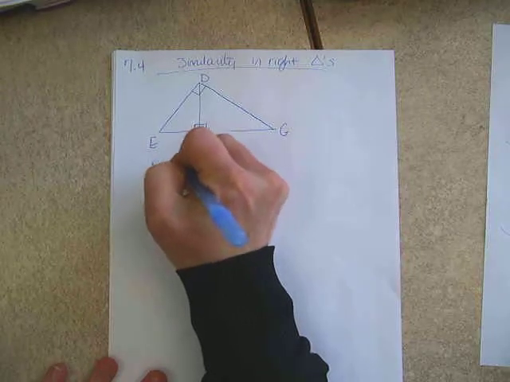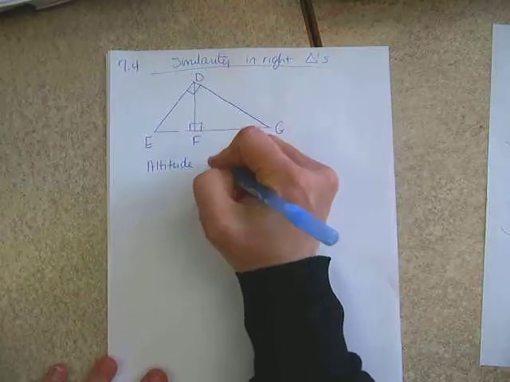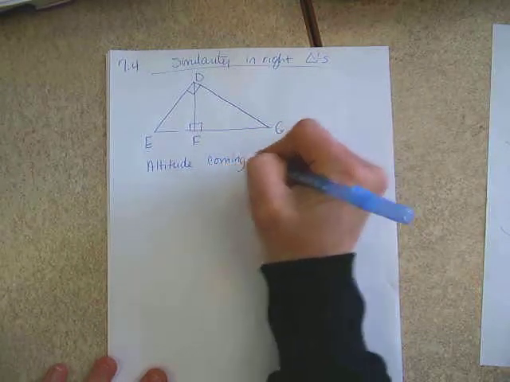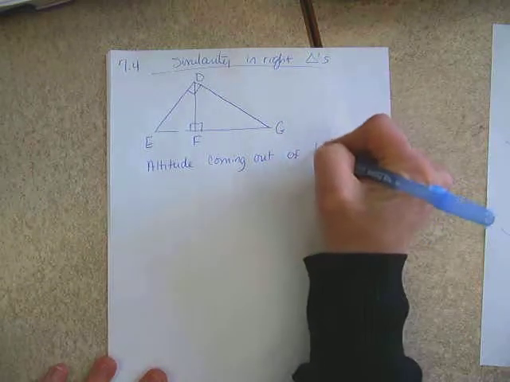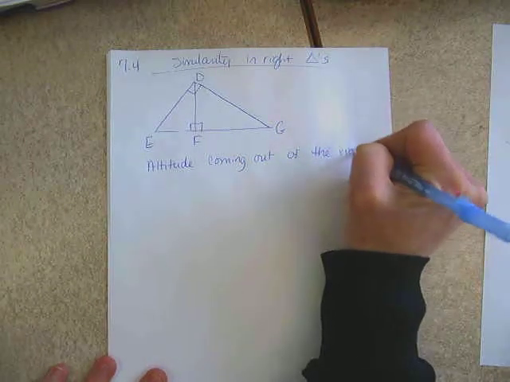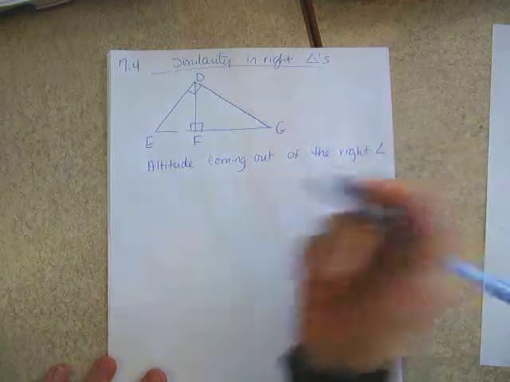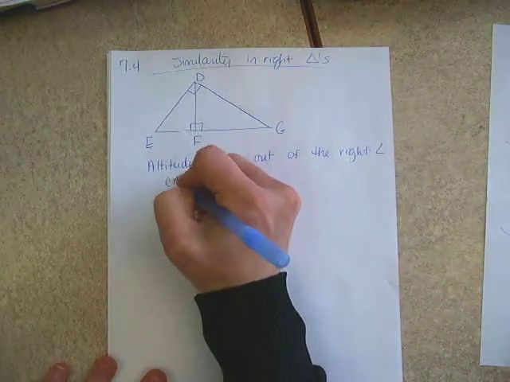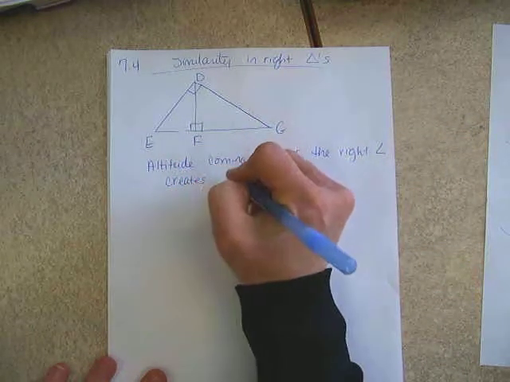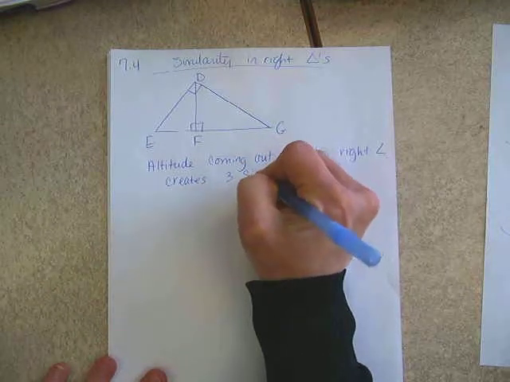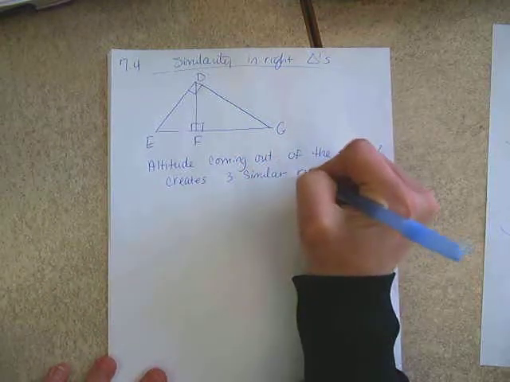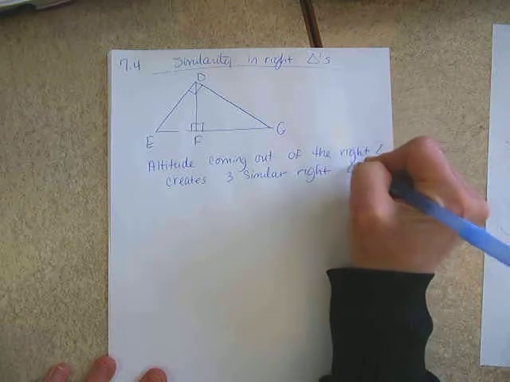And one good thing to know is the altitude coming out of the right angle creates three similar right triangles.